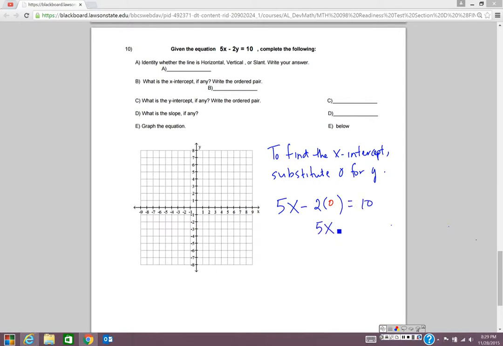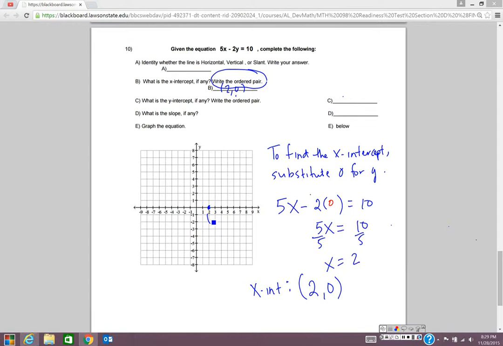Therefore 5x equals 10, divide by 5, x equals 2. So you have the point (2, 0). That's the x-intercept. Up here I can go ahead and put (2, 0). Remember, they said write the ordered pair. Make sure you write x and y in parentheses, separated by a comma. So (2, 0) is here.